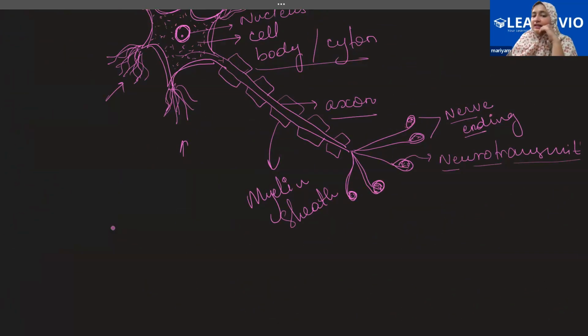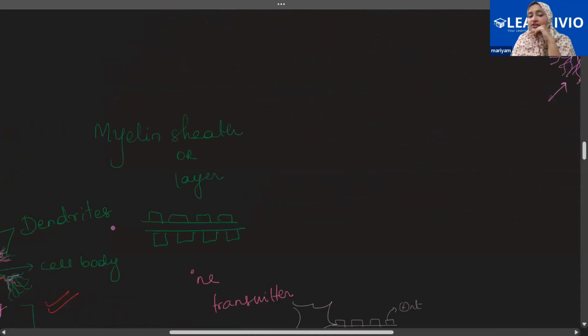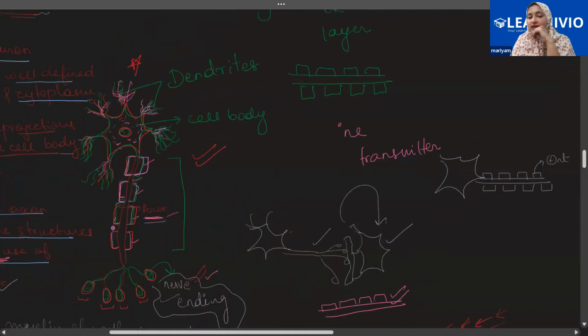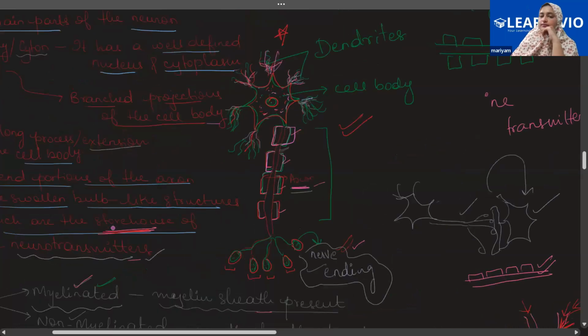These are the myelin sheath. These are proteinaceous sheaths present on the entire length of the axon. For all of those axons that have this myelin sheath, these axons are known as myelinated axons. And the ones that do not have the myelin sheath are known as non-myelinated axons.